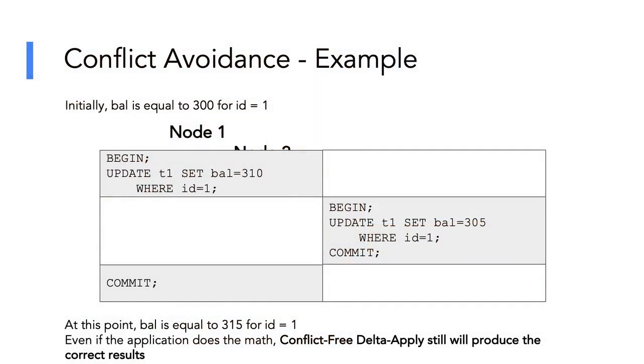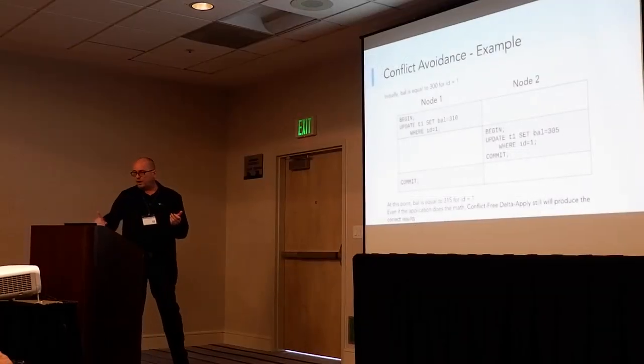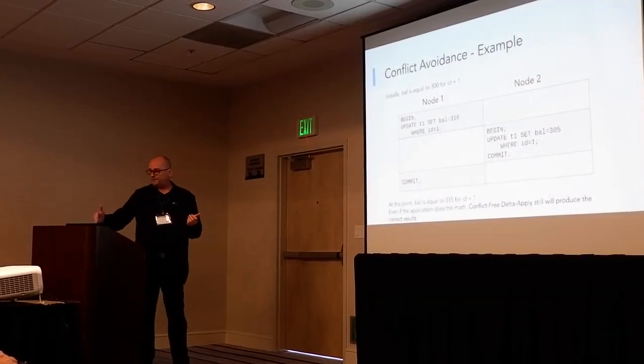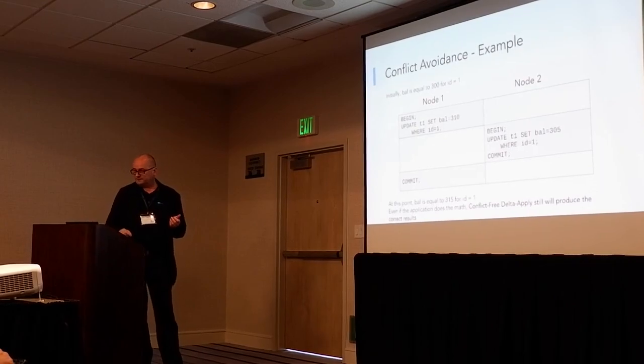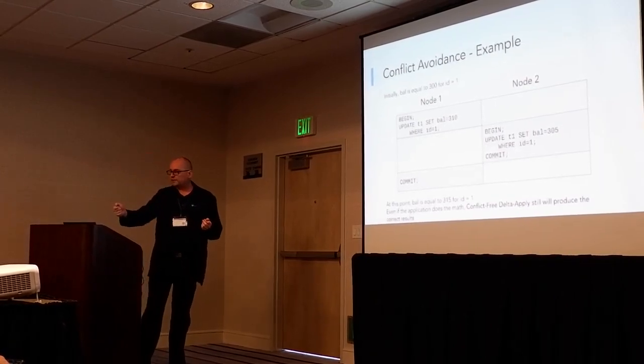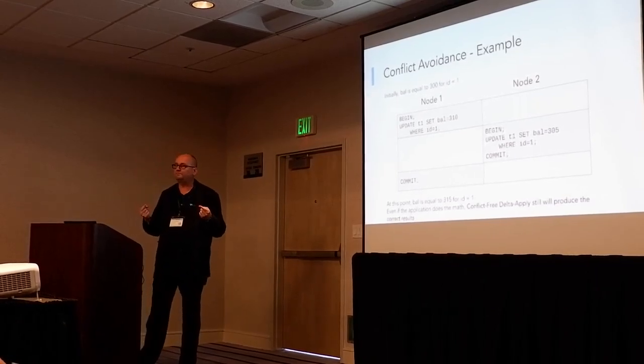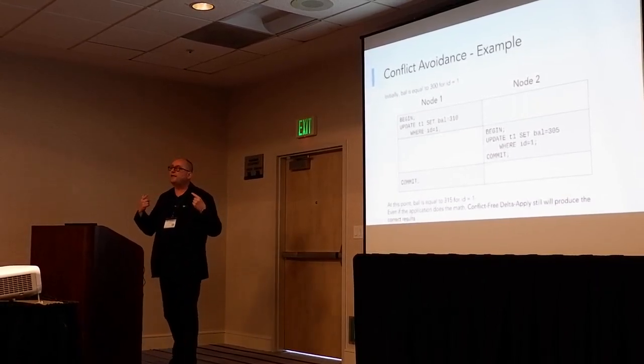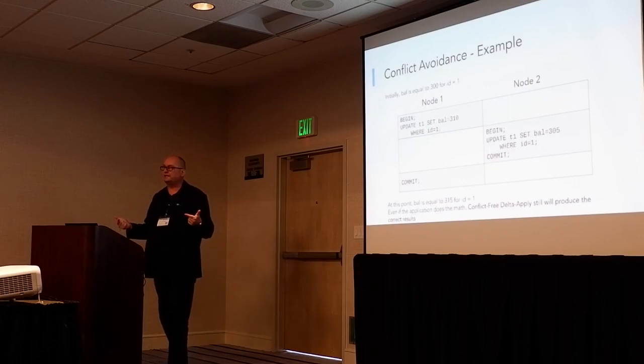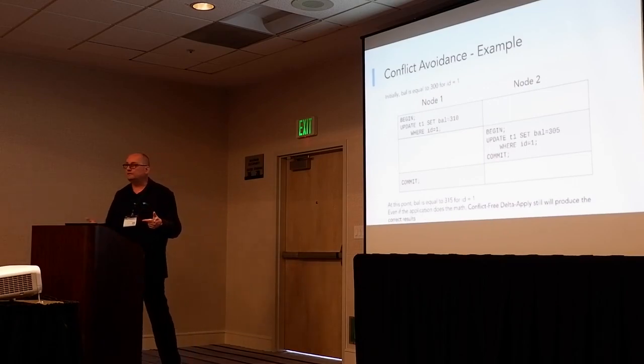Because if we look at an example, this will always create a replication conflict, doing it this way. So on node 1, I update the balance column from 300 to 310. But since it's a balance type column, in reality the business process behind it is to add 10.